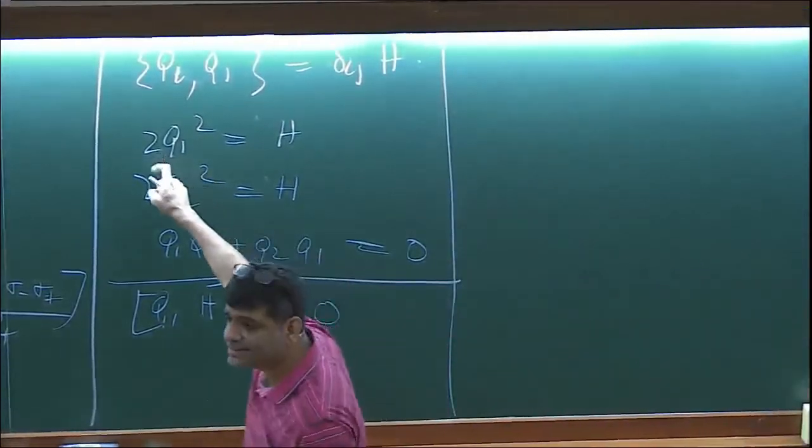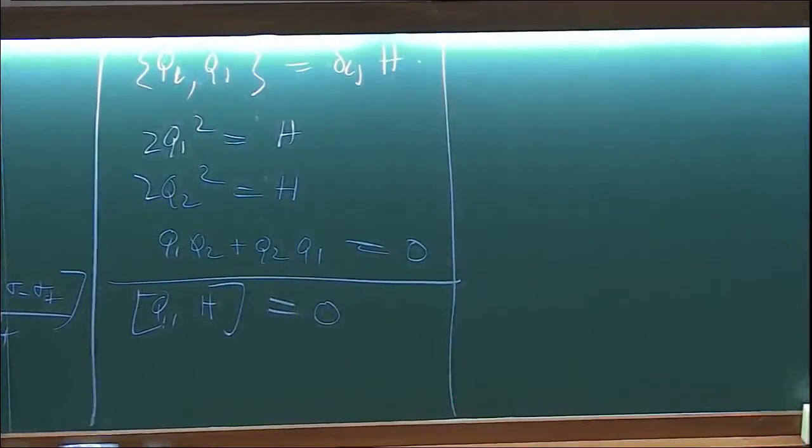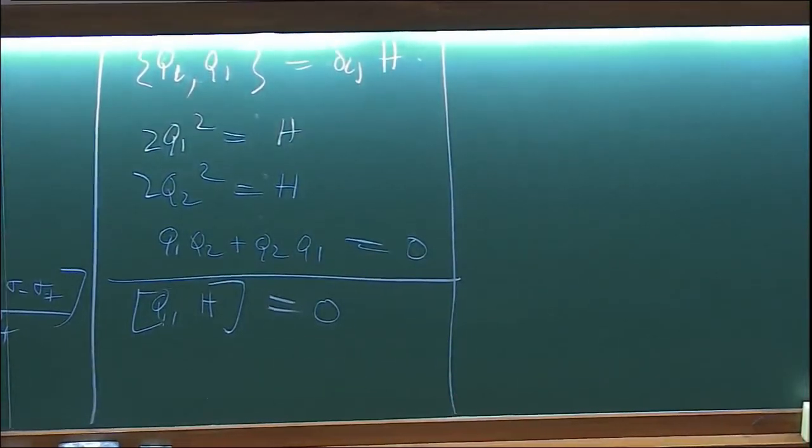Firstly, what is the consequence of Q1 squared being equal to H? Remember that Q1 is a self-adjoint operator. So Q1 squared is the same thing as Q1 dagger Q1, and therefore it's a positive definite operator.